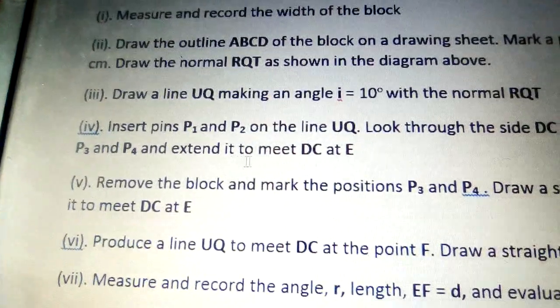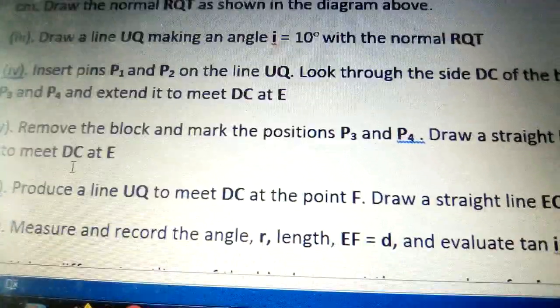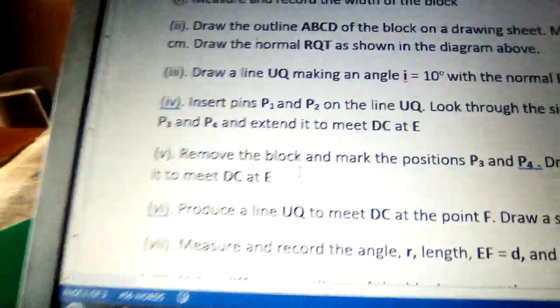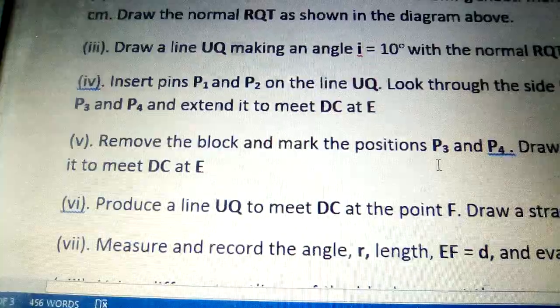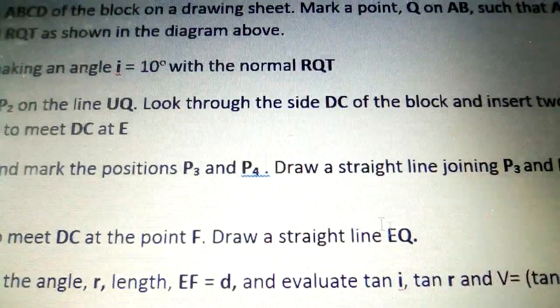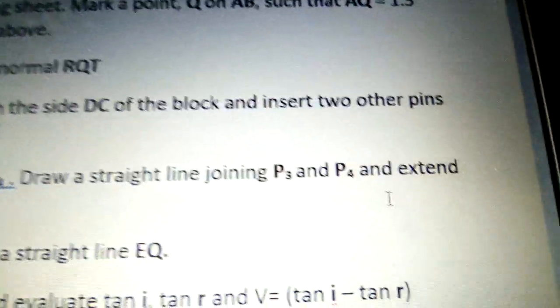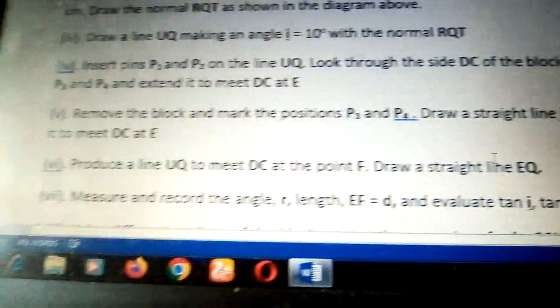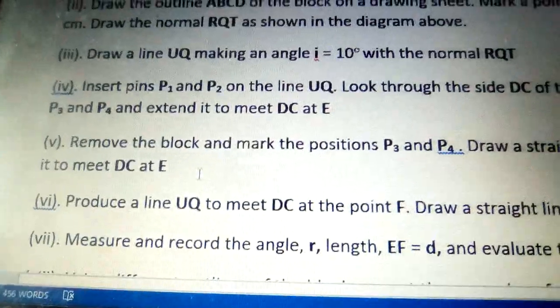Number 5, remove the block and mark the positions of P3 and P4. Draw a straight line joining P3 and P4 and extend it to meet DC at E.